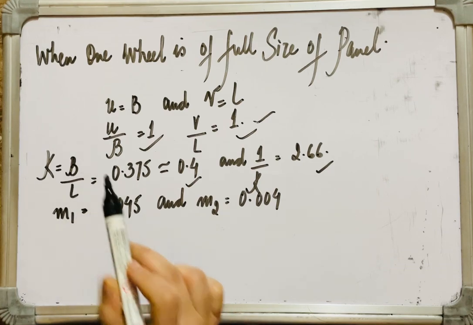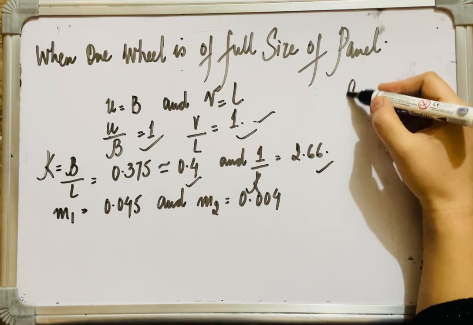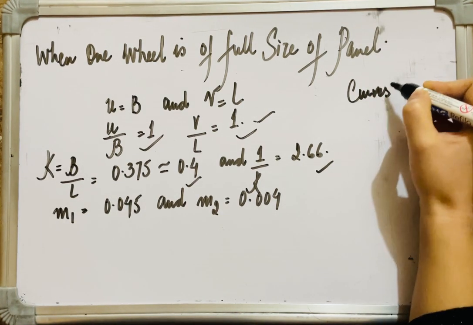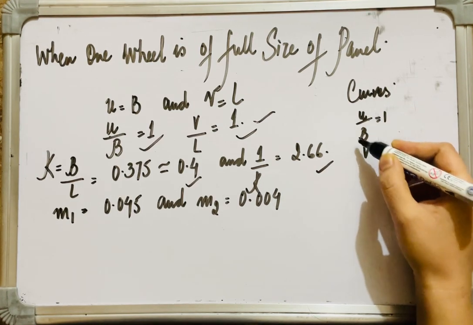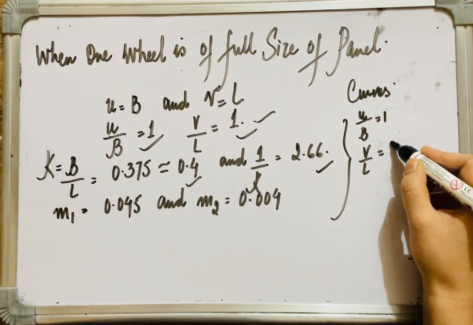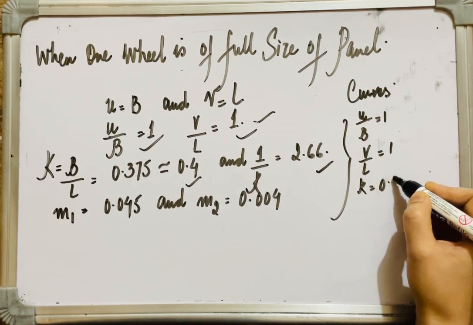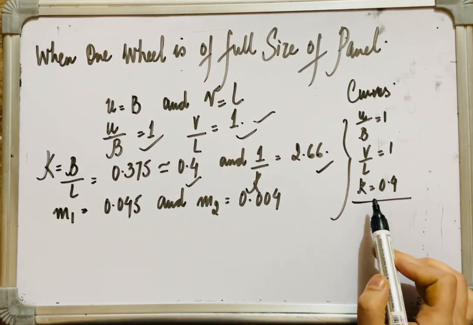अब इन्हीं कर्व्स को यूज करके for U by B1, V by L1, and K 0.4, I use the curves for K is equal to 0.4.